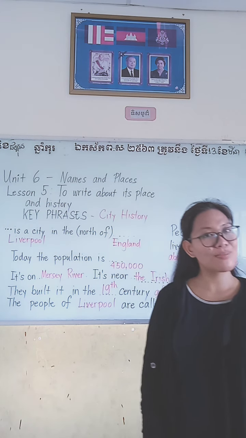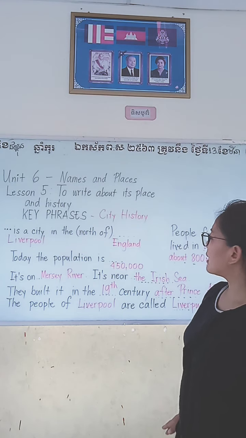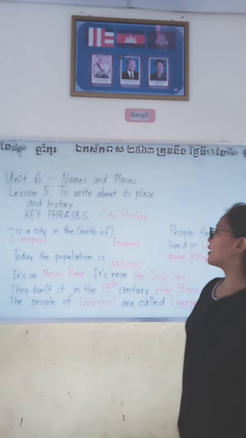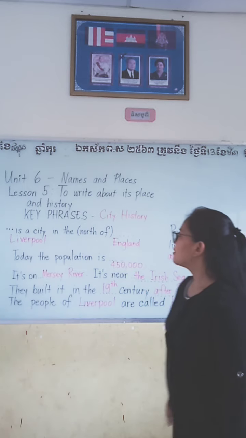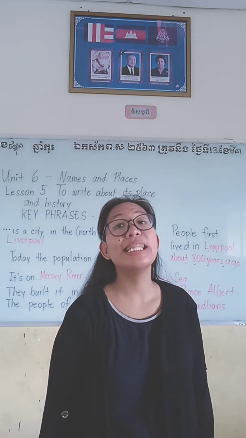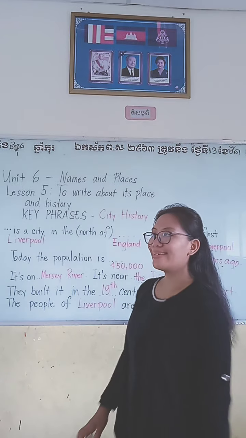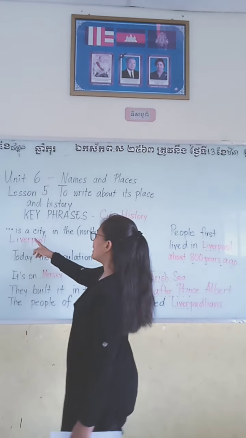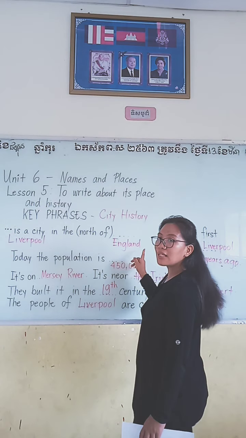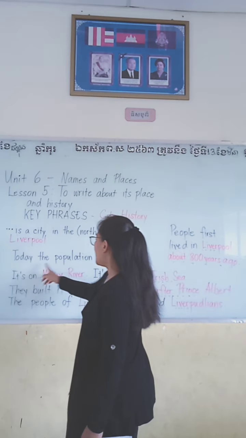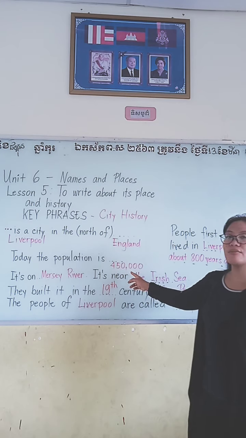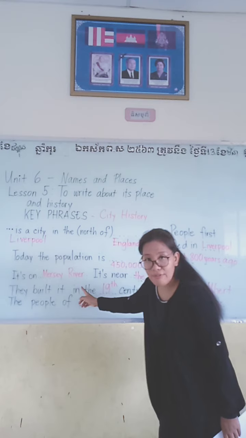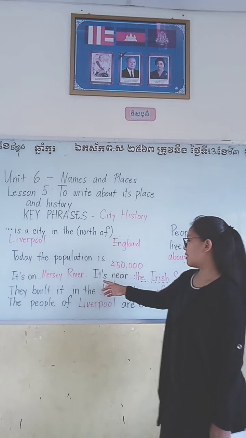Okay, now let's read an example. This is a city in England. The name of the city is Liverpool. Okay? Liverpool, let's read. Liverpool is a city in the north of England. Today, the population is 450,000. It's on the Mersey River.